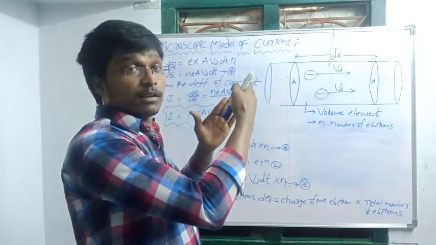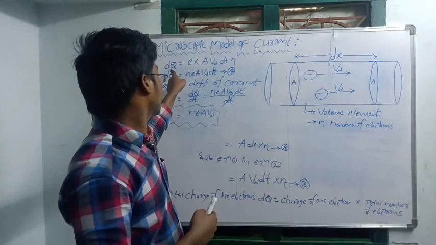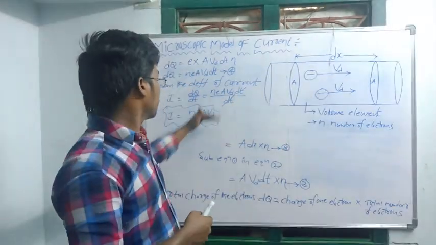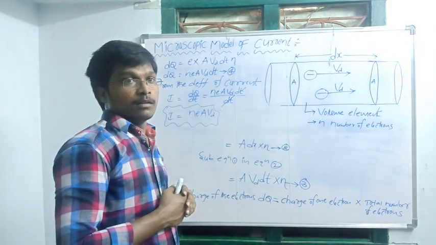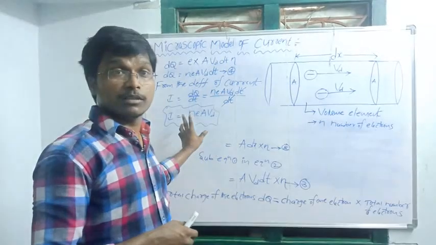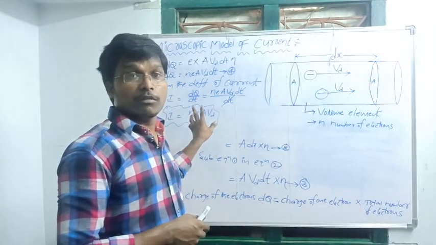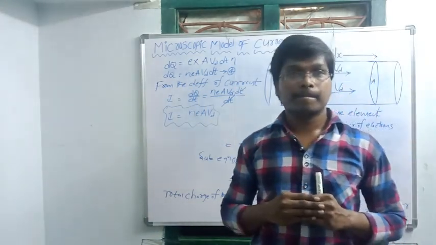After that, the charge of those electrons. After that, from the definition of the current, we found this. Now this is the expression of the microscopic model of current: I is equal to n e A Vd.